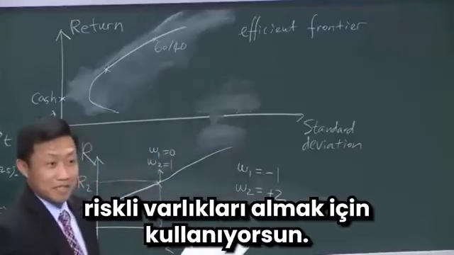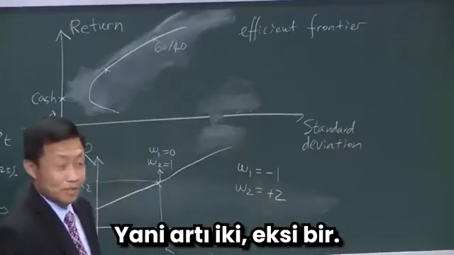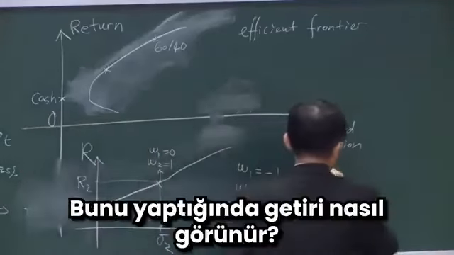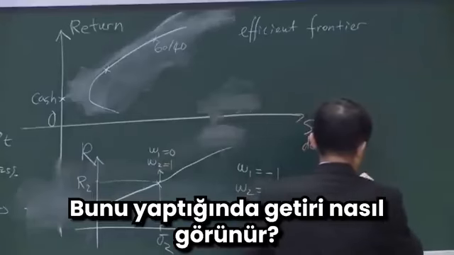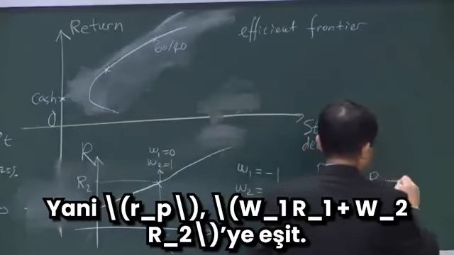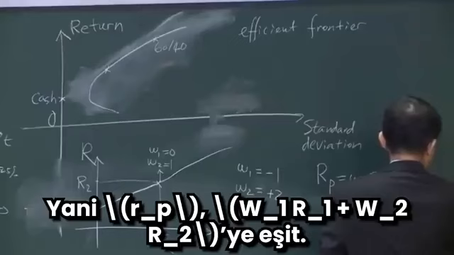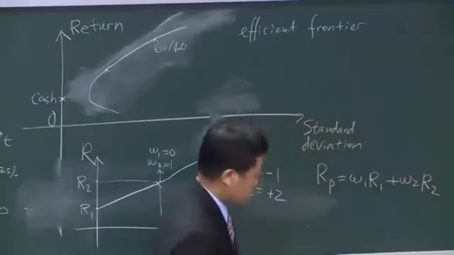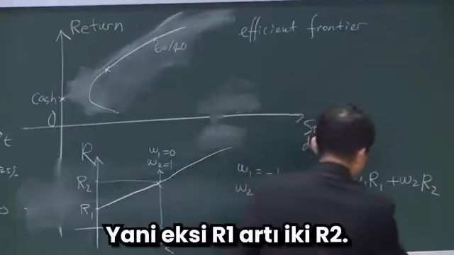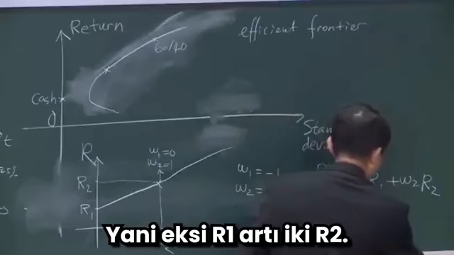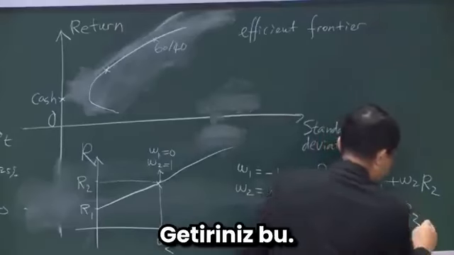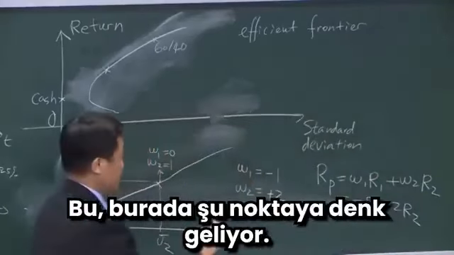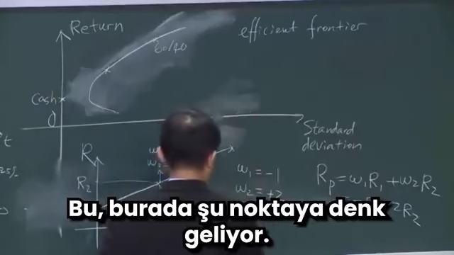What does the return look like when you do this? RP equals W1 R1 plus W2 R2, so minus R1 plus 2R2. That's your return. It's this point here.